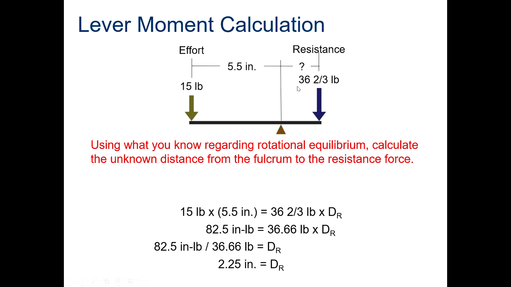Now over here we're lifting 36 2/3 pounds. So we need to find this distance right here. And so go back to your algebra. To get the distance by itself, we divide both sides by the 36.66 or 36.67. If you're using a calculator, you can be more accurate and just put in 36 2/3. And we get about 2.25 inches. So that would be our distance right here.